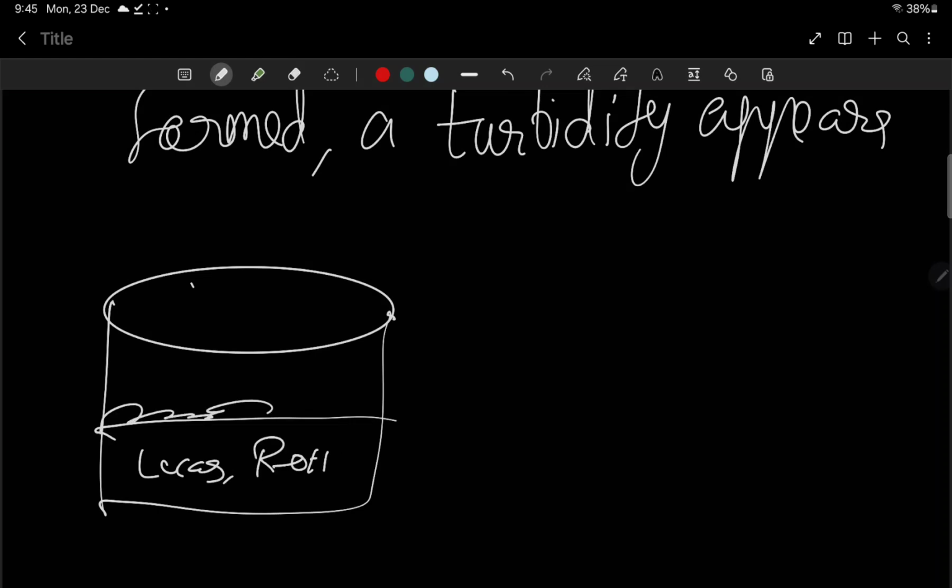Turbidity means this thing will become like a curd. It changes its liquid characteristics and takes on solid characteristics. It becomes like the consistency of curd, right? That's called turbidity.